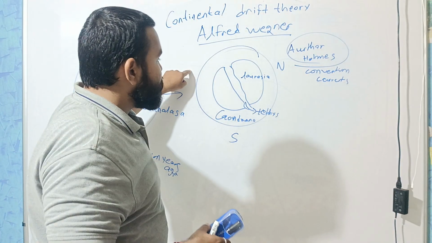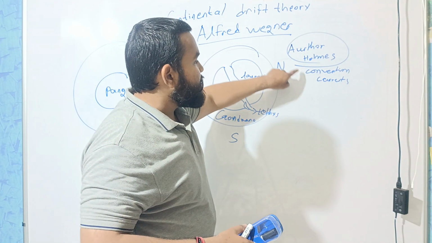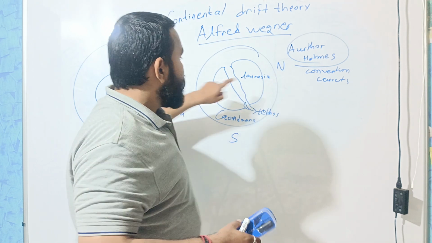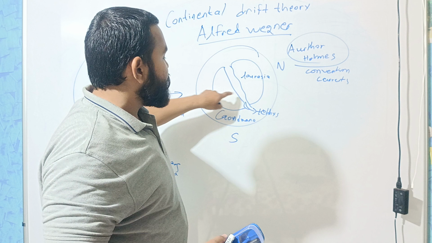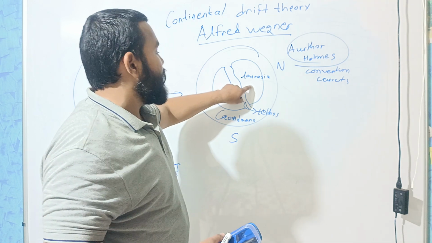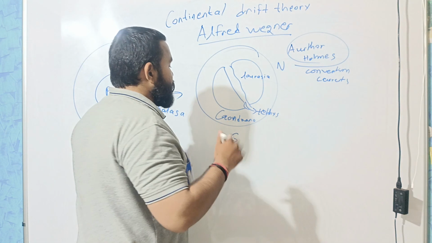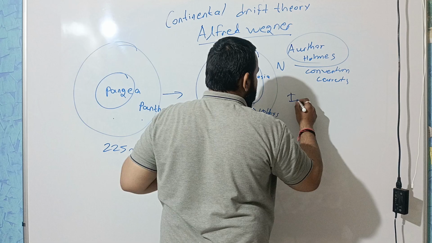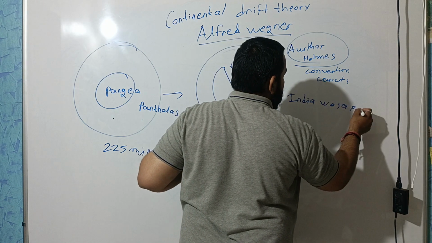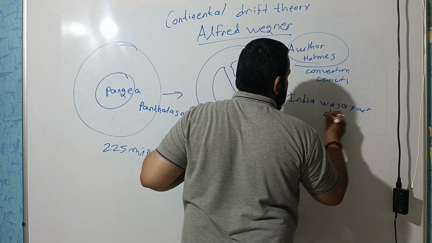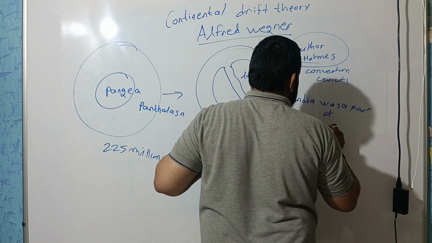After that, because of Arthur Holmes' convection currents, there was a cut in between, and there is Tethys, there is Gondwana, and there is Laurasia. And one most important thing is India was a part of Gondwana.